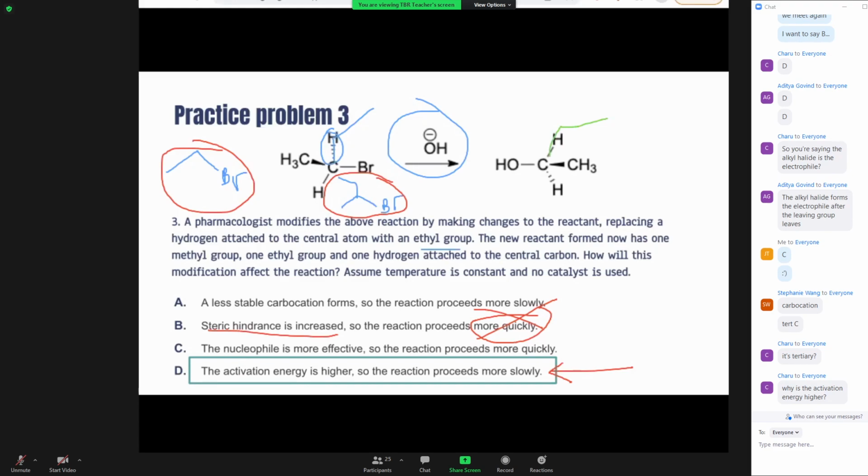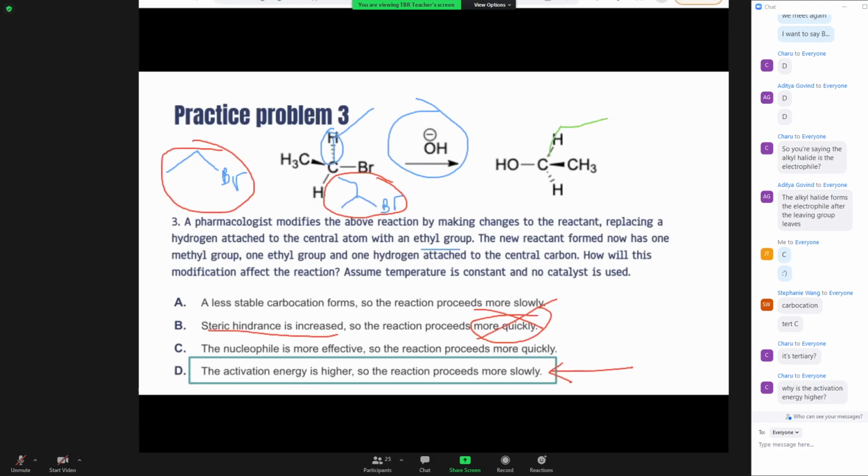Yes, so that's correct. So the activation energy is higher. And this is in a previous slide when I showed you what happens when you go from primary to secondary alkyl halide. The activation energy is higher because it requires more energy for this reaction to occur.